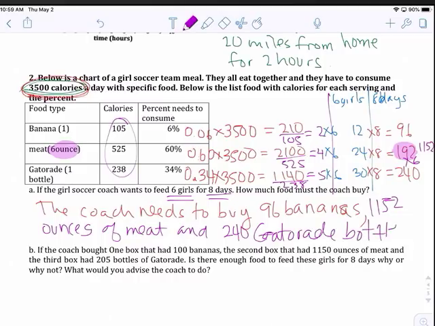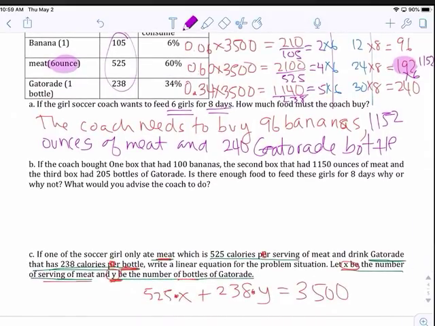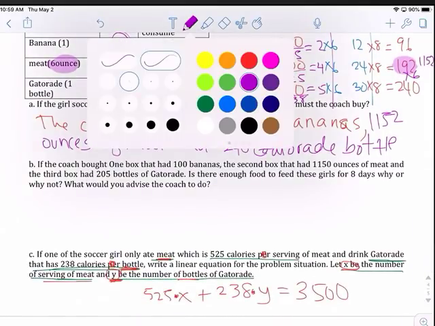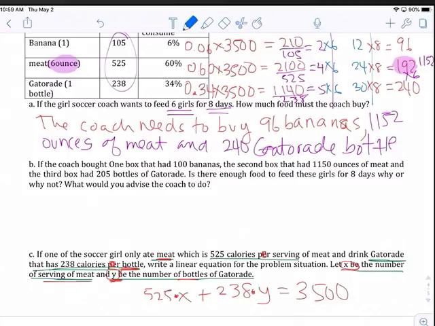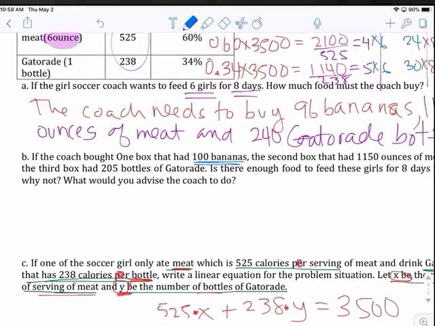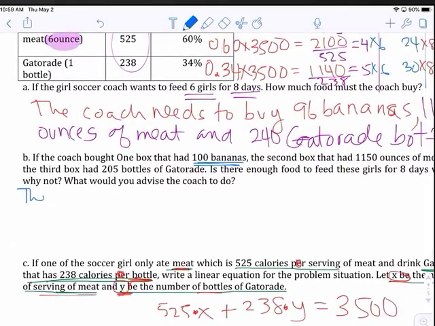Okay, let's see if he bought enough or too much. Did he buy enough bananas? Yes, he bought 100 bananas. More than enough. They bought 4 extra. The coach bought 100 bananas, right?